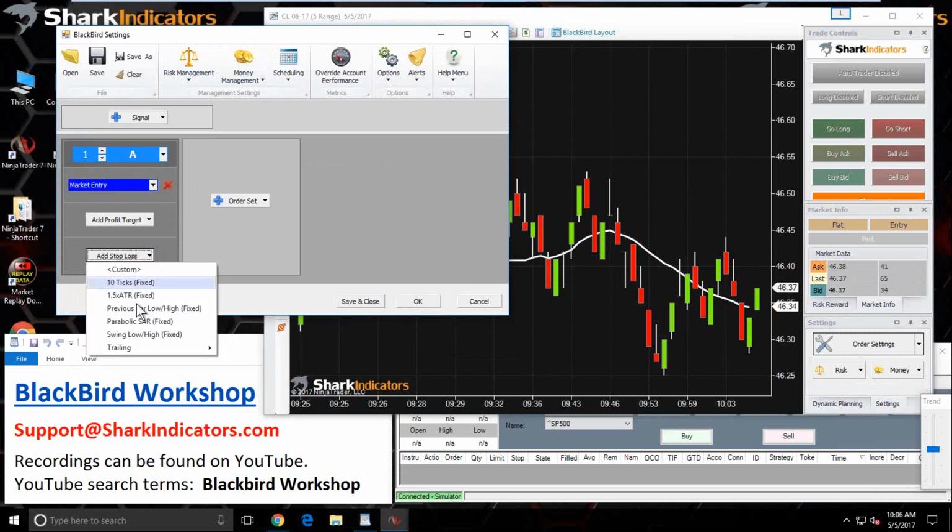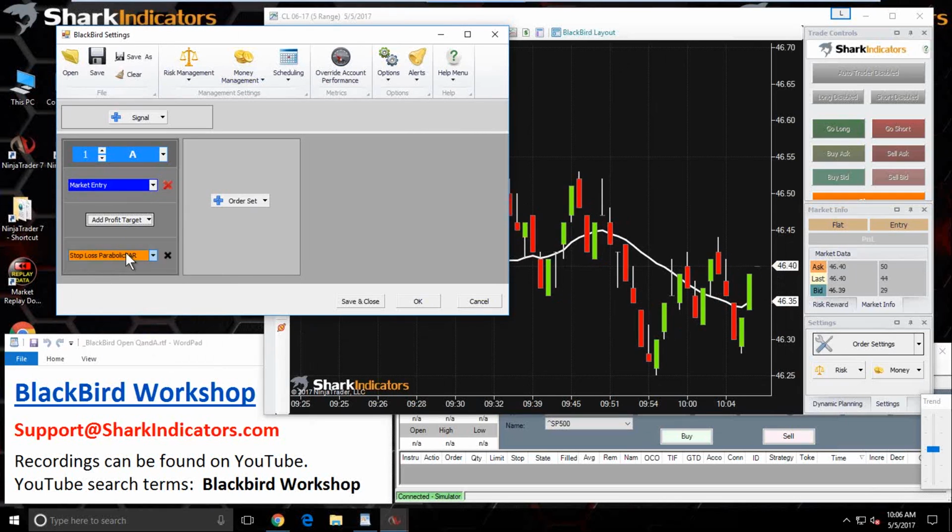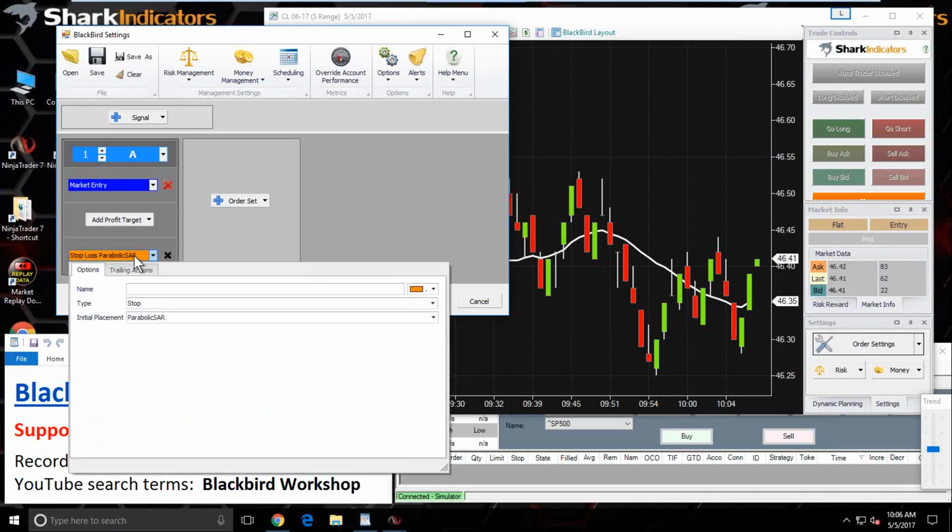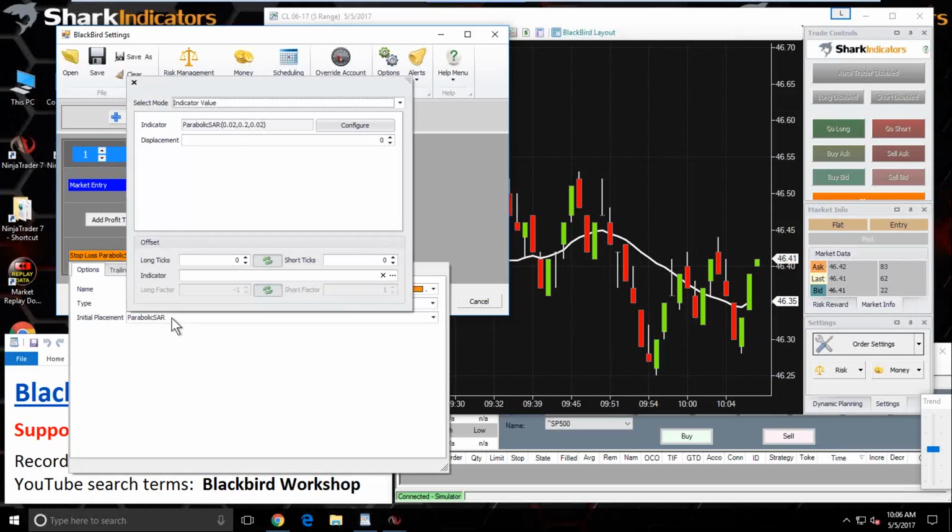So let's use an indicator here. Let's use the parabolic SAR. So if you're using some kind of an indicator, in our initial placement our mode is we're using an indicator value.